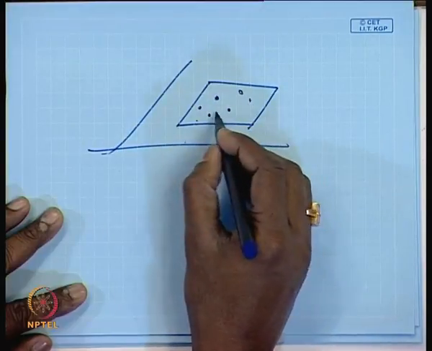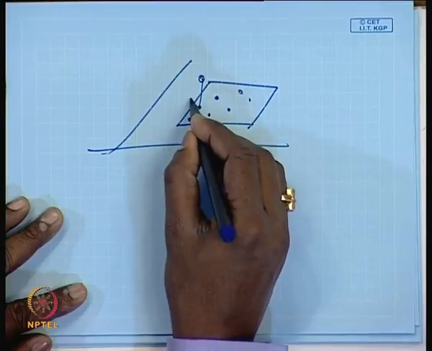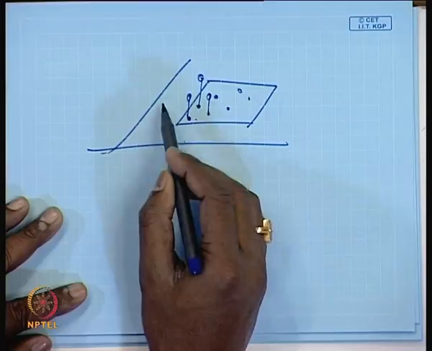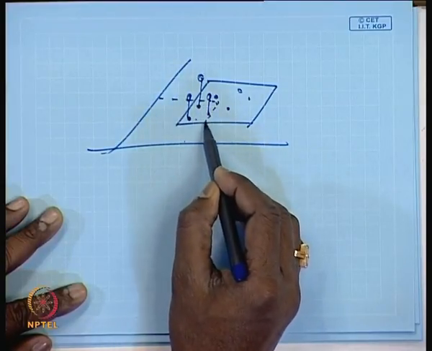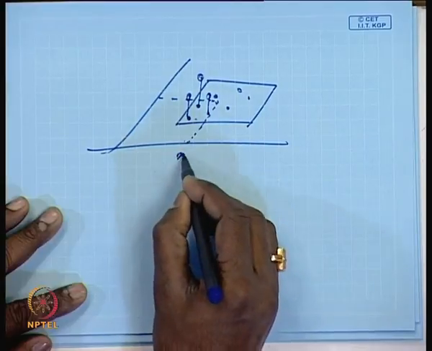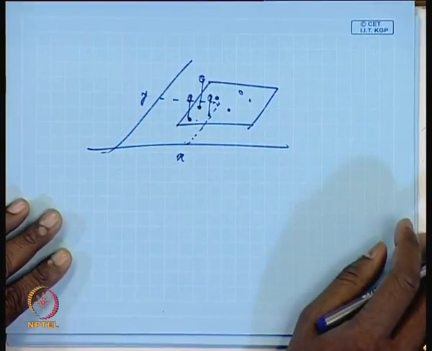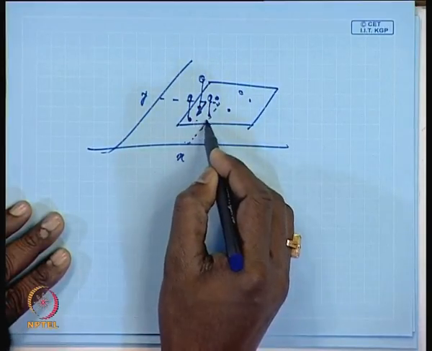So at each point some probability mass is concentrated. Now if we take some particular value of x and some particular value of y, this is x and this is y, and the cumulative distribution function that we are adding up means less than this and less than this.